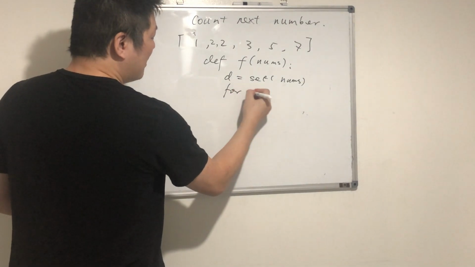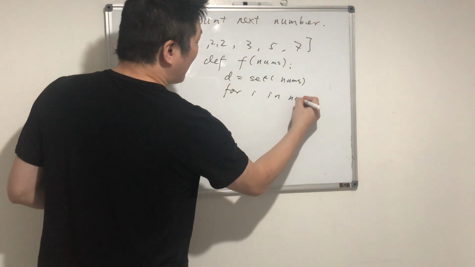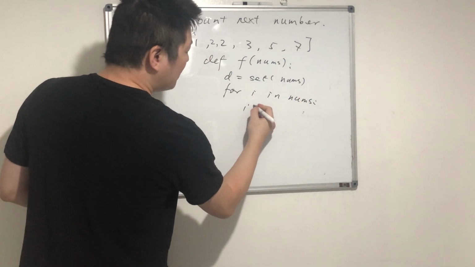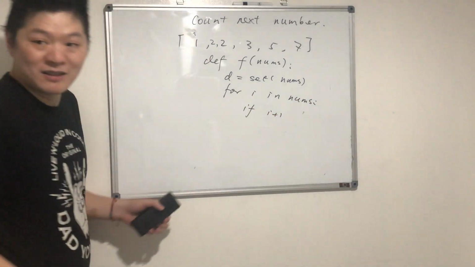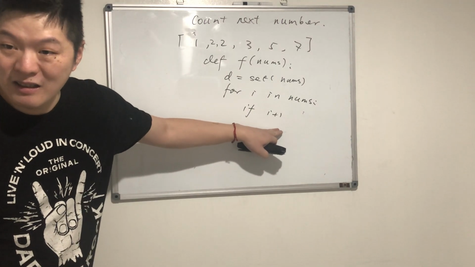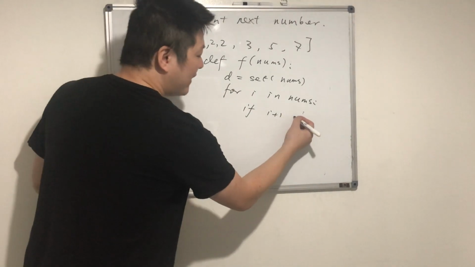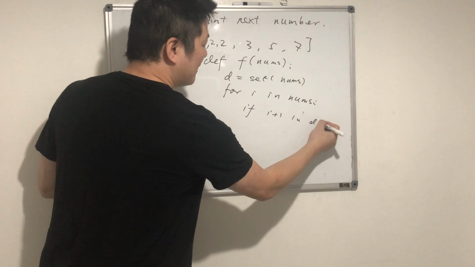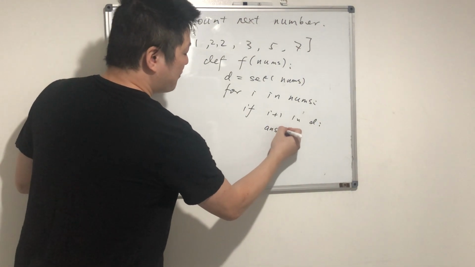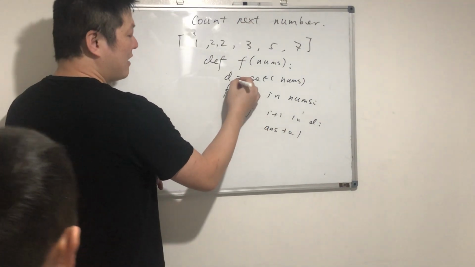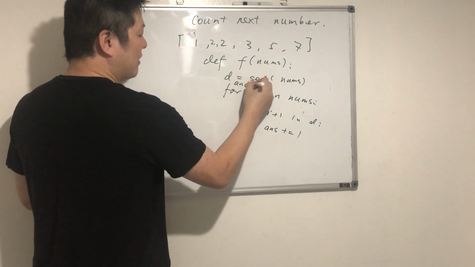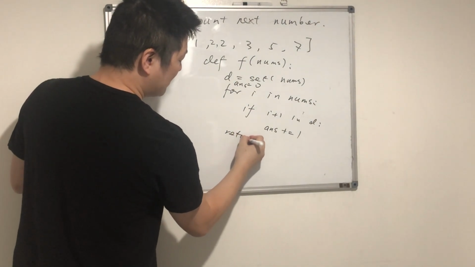Then for i in nums, if i plus 1, we want to check if it's the next number, in D, answer plus equals 1. Answer equals 0, and return answer.